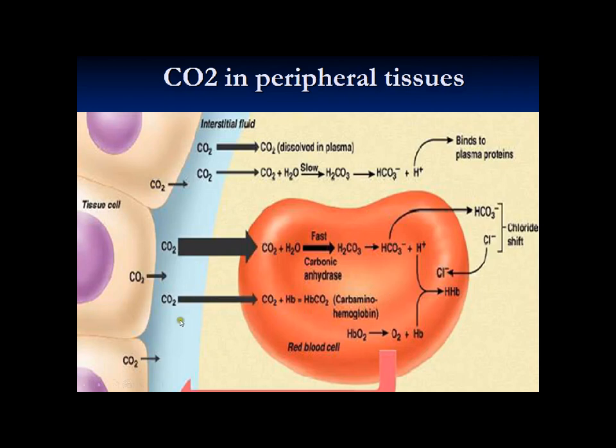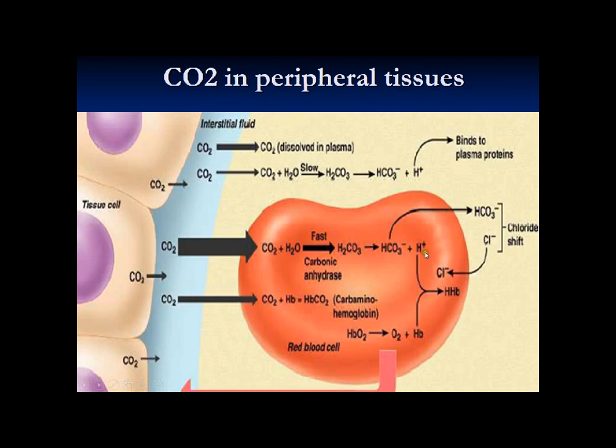In this diagram, all 3 forms of carbon dioxide are summarized. Here is the carbon dioxide in dissolved form. A very little amount of the carbon dioxide reacts with the water in the plasma of the blood, but the major 70% reacts with the water in the presence of the carbonic anhydrase enzyme to form carbonic acid.